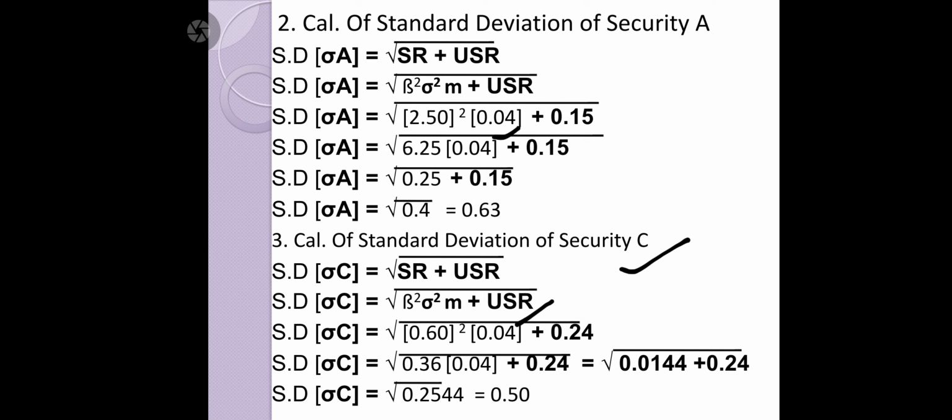It is common, so whatever we calculated for B, we can take for A also and C also. That is 0.60 square, 0.36, into 0.04, plus 0.24, so 0.0144 plus 0.24. The square root of 0.2544 is equal to 0.50.